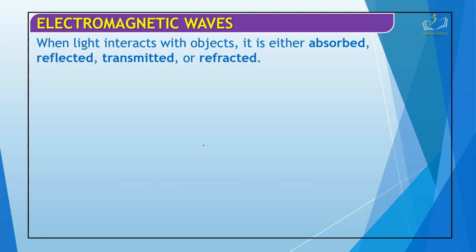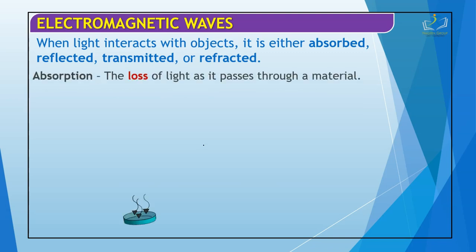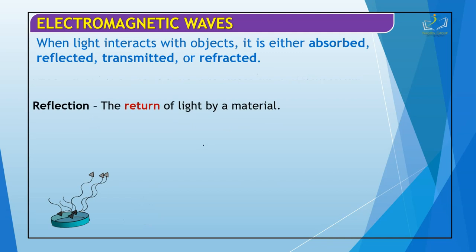So when light interacts with any object, it is either absorbed, reflected, transmitted or refracted. Absorption: the loss of light as it passes through a material. Reflection: the return of light by a material.